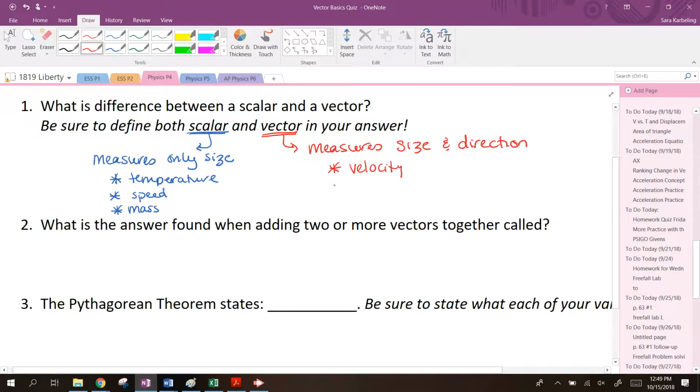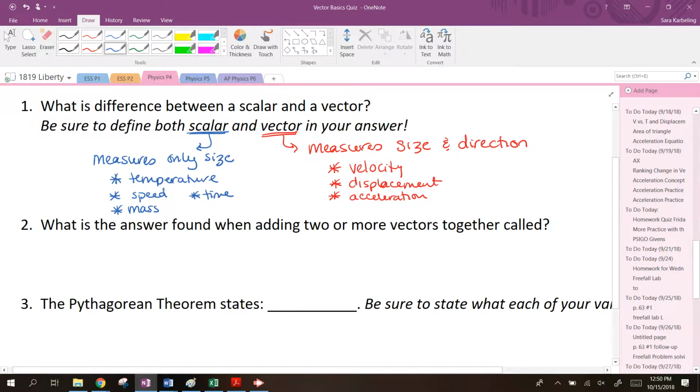Another one for vector is displacement. And continuing that list of things that we know and love, displacement, velocity, and what's that third one? Acceleration. I heard you say time. What is time? Is time a vector or a scalar? It's a scalar. Yep.